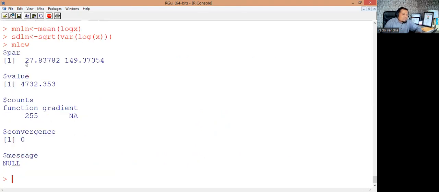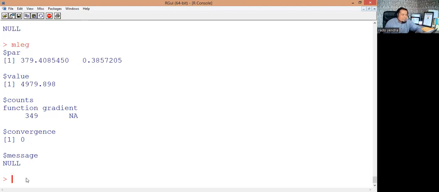This is the parameter for the Weibull, and the convergence gives the value 0. It means optim succeeded in estimating the parameters. For the gamma, we just type MLEG. This is the parameter for the gamma.